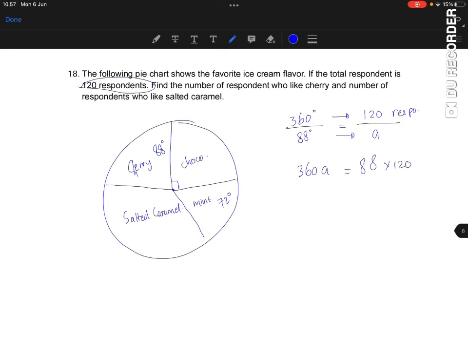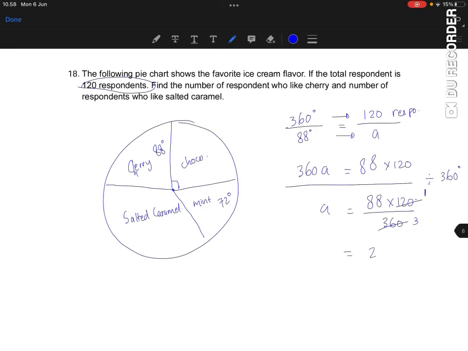A is equal to 88 multiply 120, you don't need to worry about it, divided by 360. 120 and 360, you can just cross it out, this one is 1, this one is 3, then you will have 88 divided by 3. Hopefully your real paper is not this complicated.